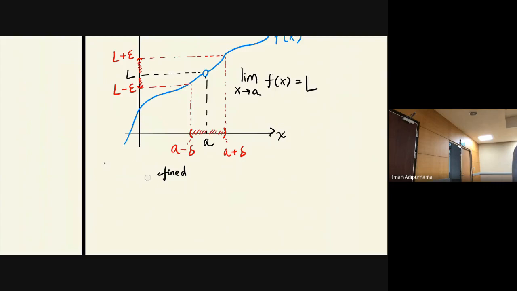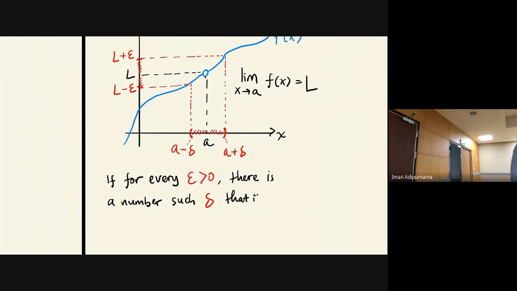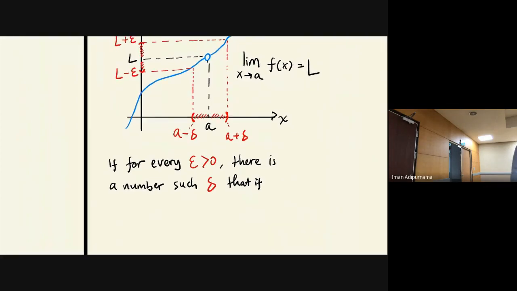This is just the regular limit definition, so I will go for: for every epsilon greater than 0, there is a number delta such that... This is very formal wording, a very formal definition, and I encourage you not to memorize it. Don't, it's bad for you. You just need to understand the logic.